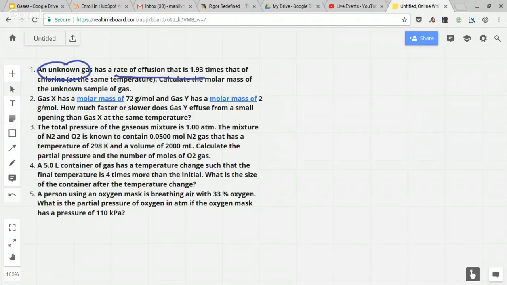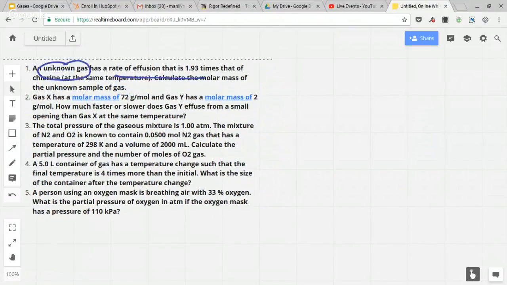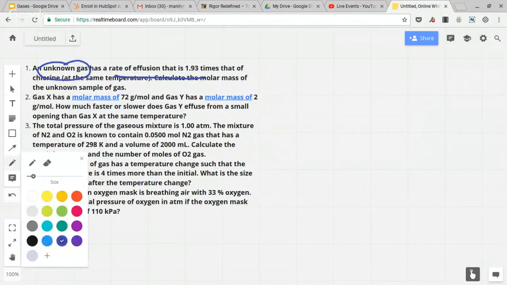So for problem number 1, it's obvious that our problem is about Graham's law of effusion, because the word effusion is given here, correct? Okay, so the given is the rate.